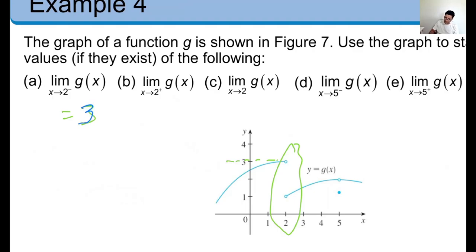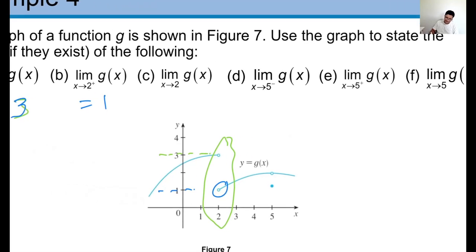And as x approaches 2 from the right, it's getting down here. The values are 1. Go ahead, in the same way. As x approaches 2, now the two sides don't agree, so the limit doesn't exist.